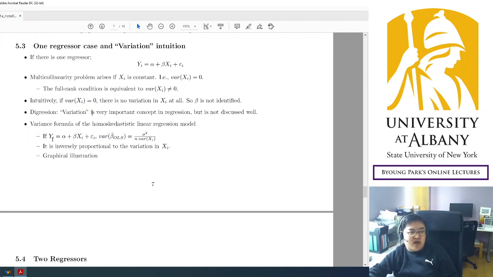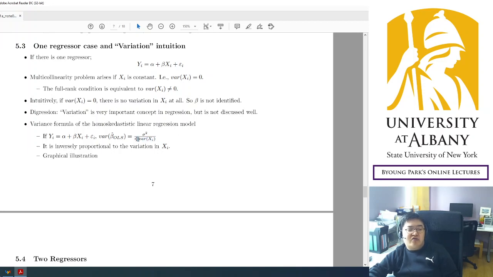To show that, you can think about the OLS estimator. I believe you have learned the OLS estimator, and the variance of the OLS estimator is given by this, in the simplest possible example. If you know sigma squared, then it's inversely proportional to the sample size and the variance of x.